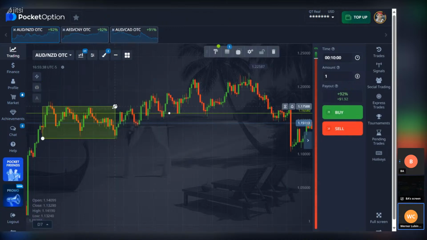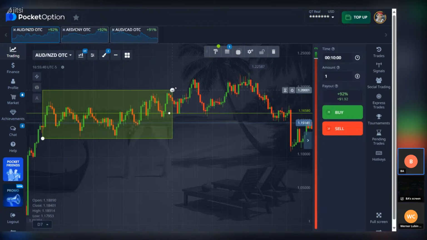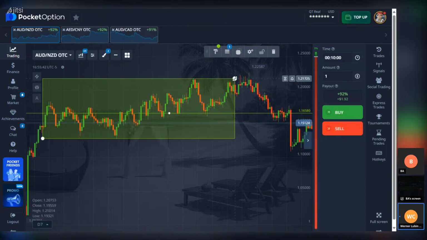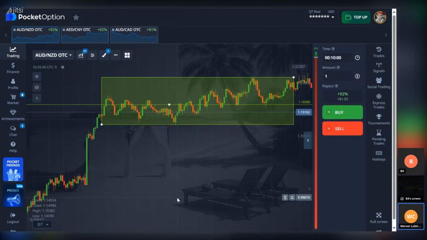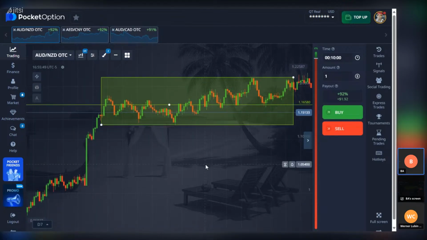See how it was just going sideways? The consolidation. What is consolidation? The algorithm is building up for that big move every time. You can't be quick to press that button.